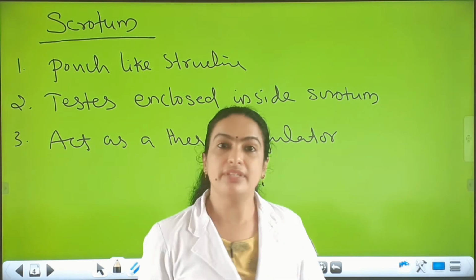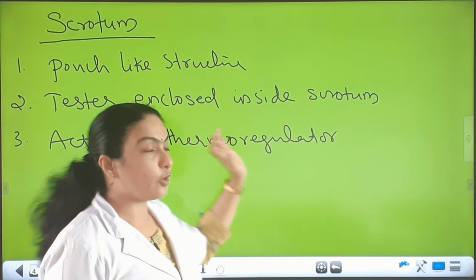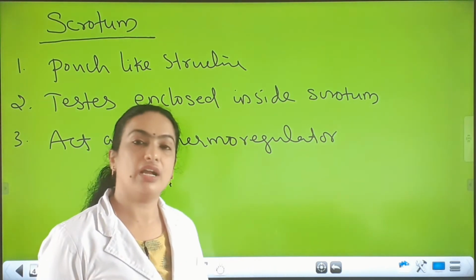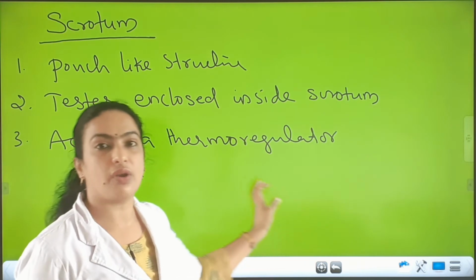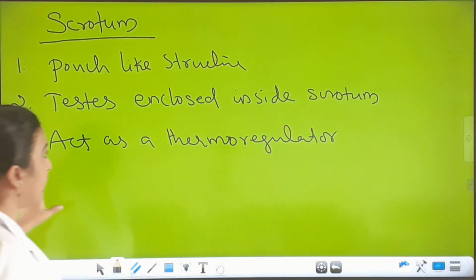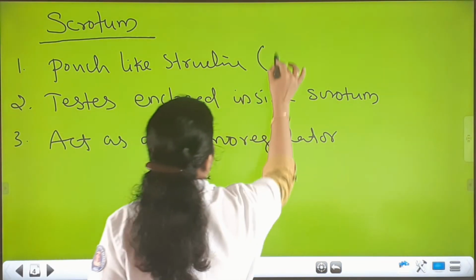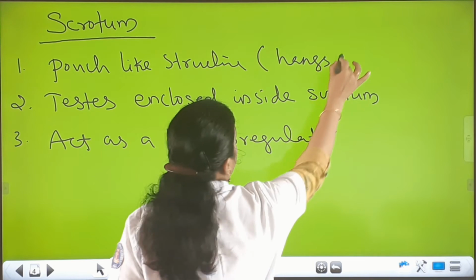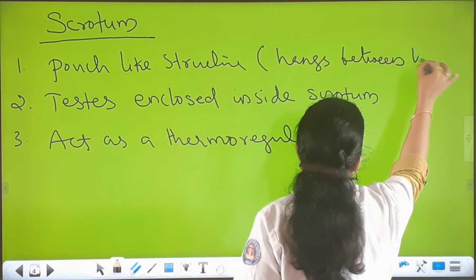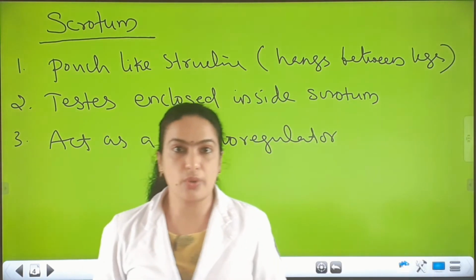So the scrotum acts as a thermoregulator by providing an optimum temperature to the testis for the production of sperm. And we can say the scrotum hangs between the legs or thighs. Is it clear about scrotum?